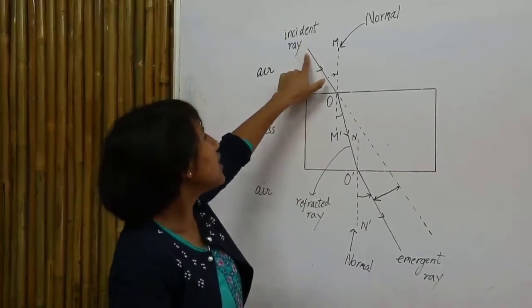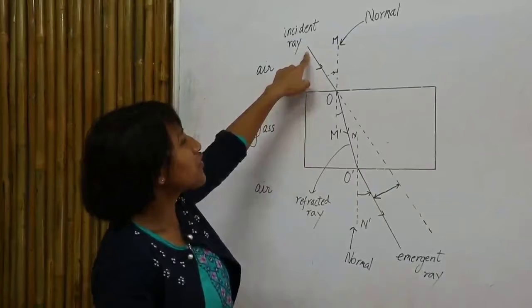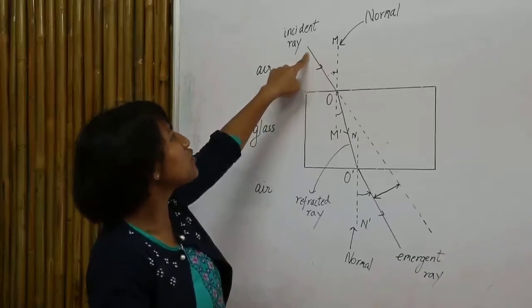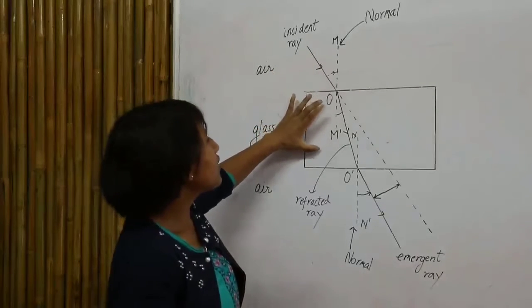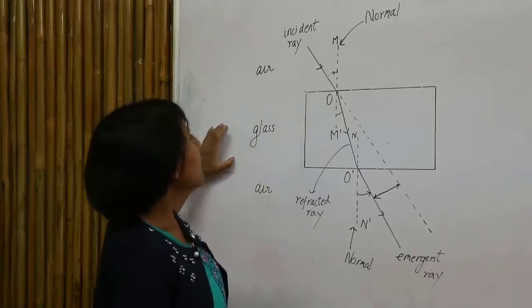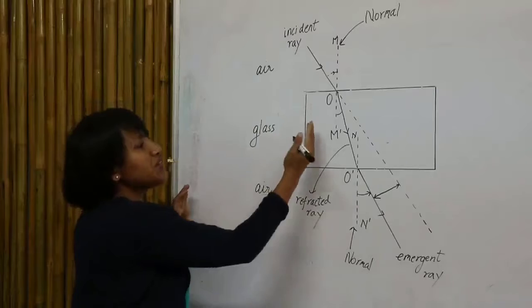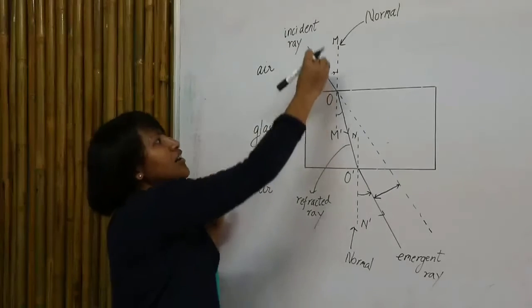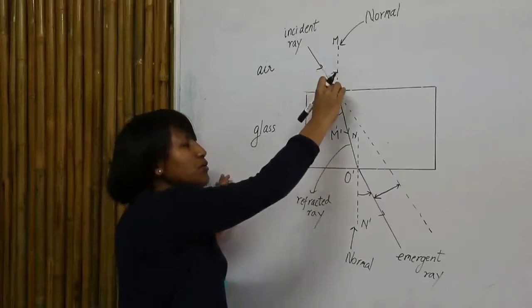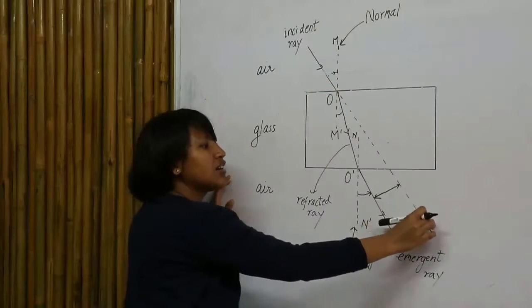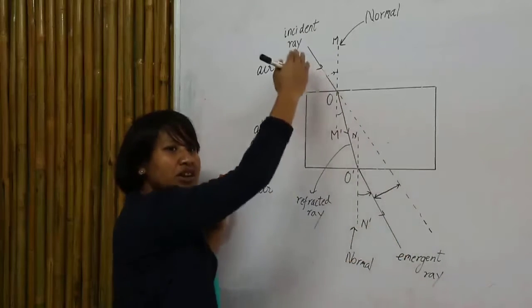Now suppose there was no refraction, and there was no glass. Then this incident ray would be traveling in its usual straight path.